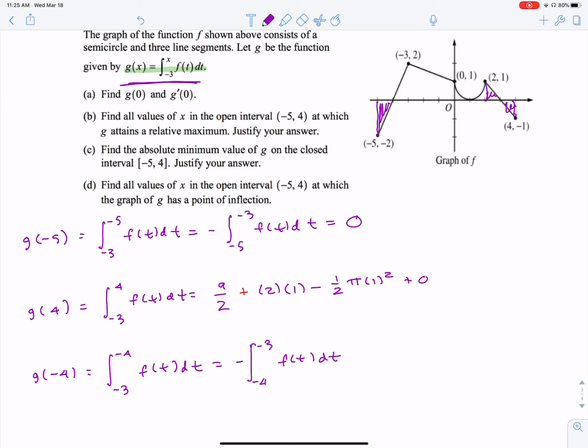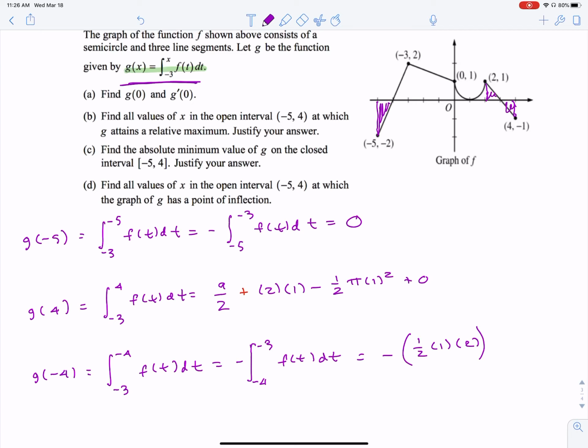So this equals the negative, and that triangle is going to be base times height, so it is 1/2 times 1 times 2.